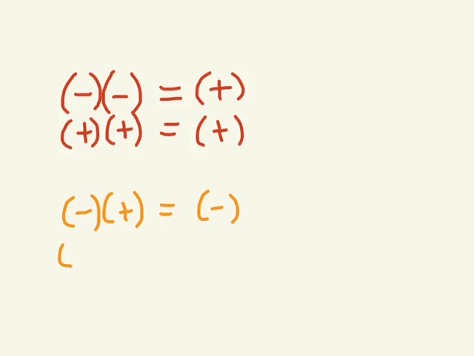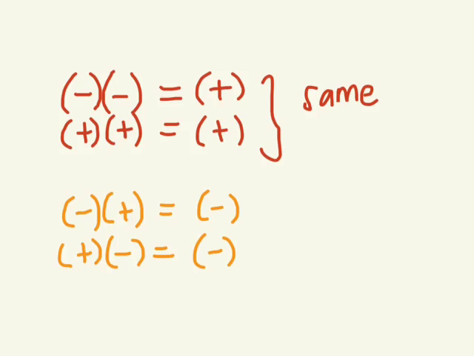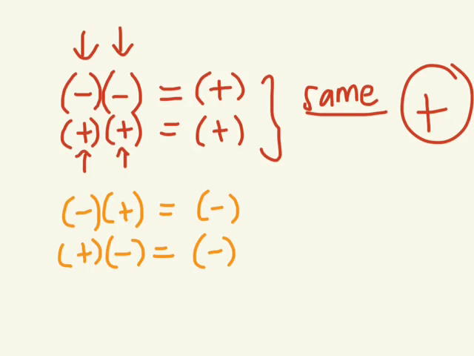And what if I have a positive times a negative? Negative. Good. If you notice here, whenever the 2 signs are the same, for example, 2 negatives or 2 positives, your answer will always be positive.